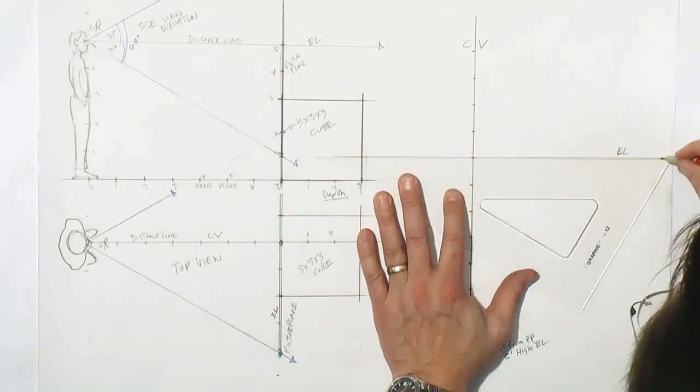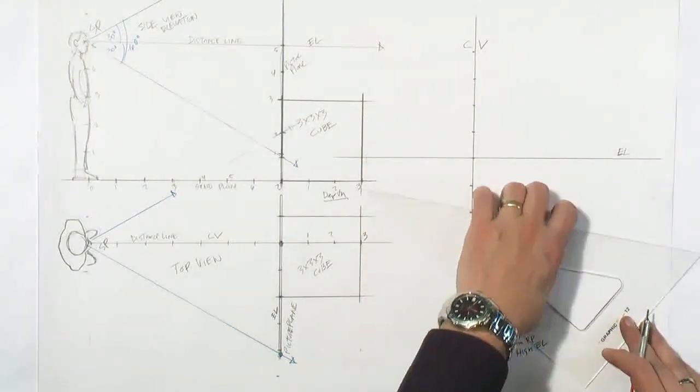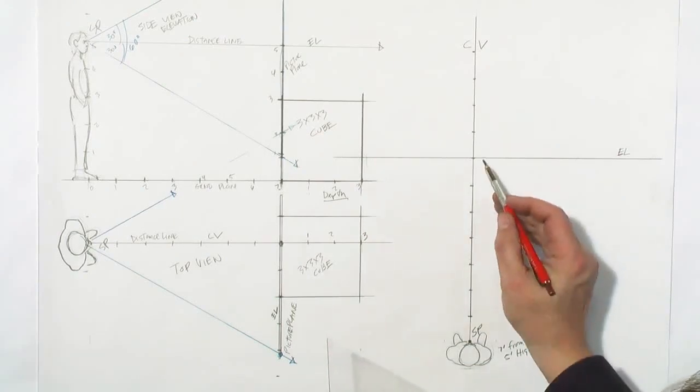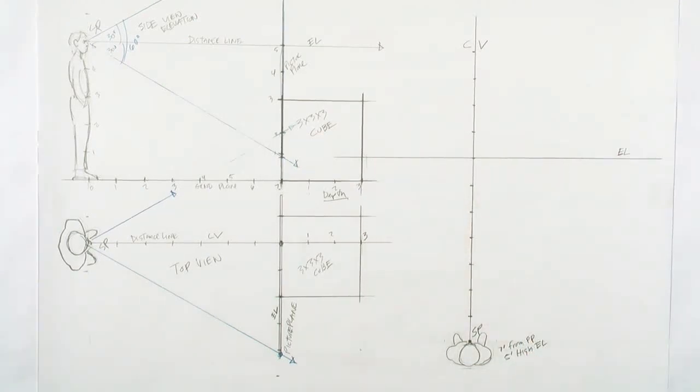And that will kind of bump into that one, like a lot of these things do. That's our eye level. And I'm going to hold off putting increments on this because I'm going to put increments on the ground plane measuring line that you saw again on the physical walkthrough and on diagram 1 in the 3/4 view of the figure looking at the wall and all those different definitions.